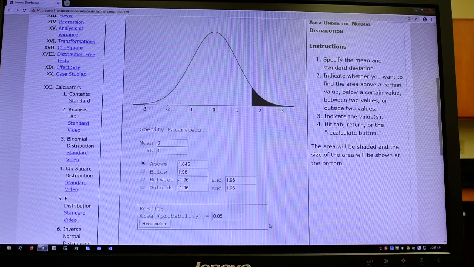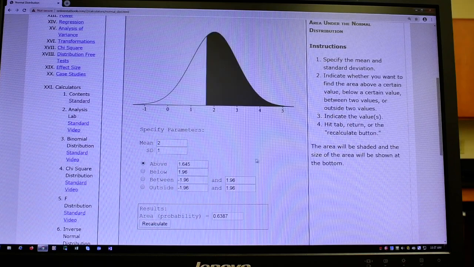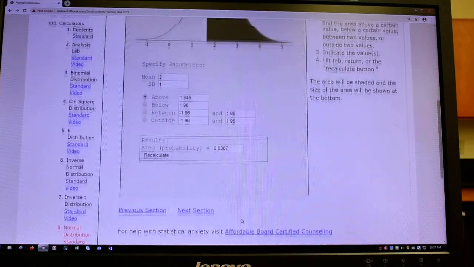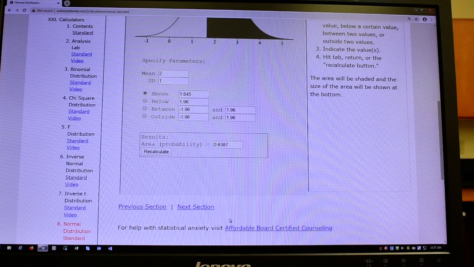All right. Recalculate. Let's see. What have I done? Oh yeah, this has got to be a 2. All right. Let's see what the power is. Notice in a one-tailed test, we have more power, everything else remaining equal.